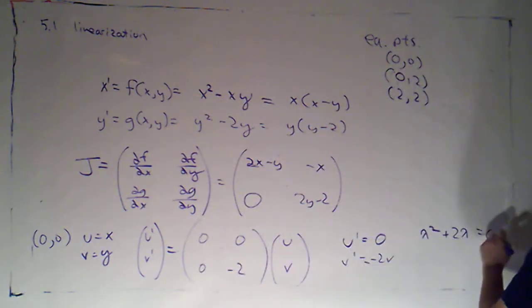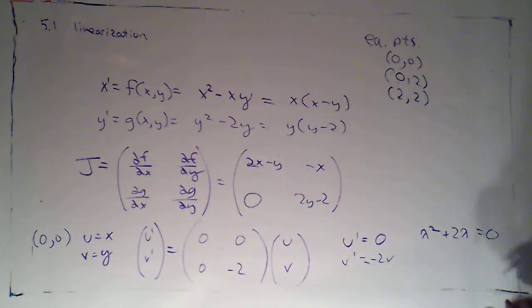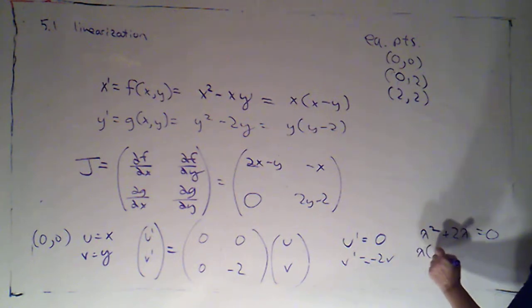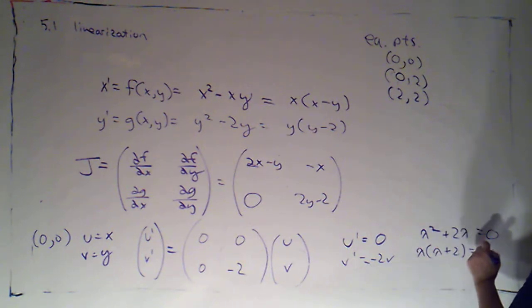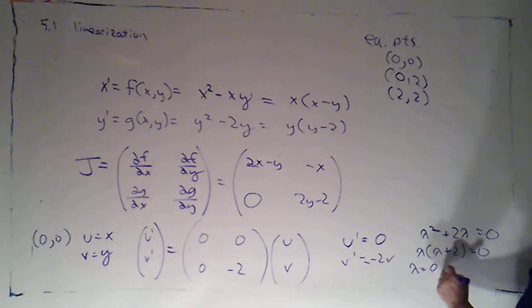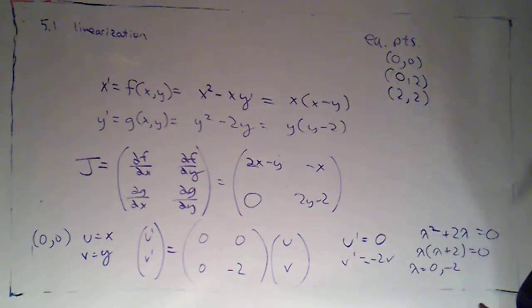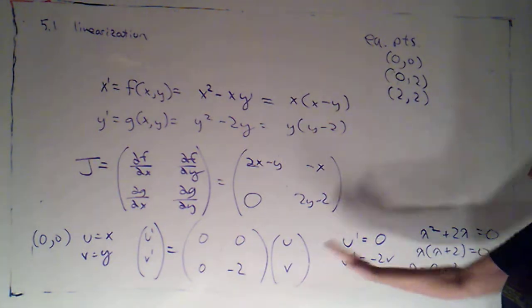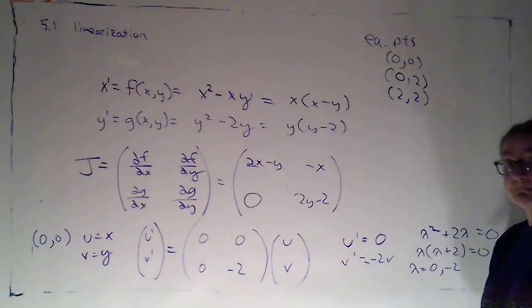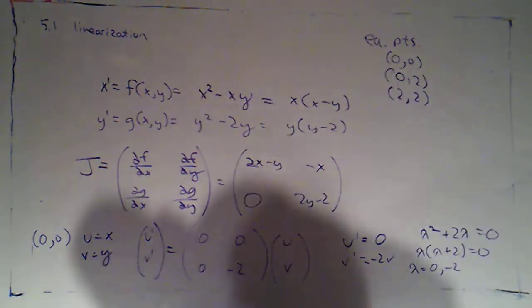So the characteristic equation is lambda squared plus 2 lambda equals 0. That's lambda times (lambda plus 2) equals 0. Lambda is 0 or negative 2. So we're not able to classify this particular equilibrium point, although we could write out the system. Let's try the others.